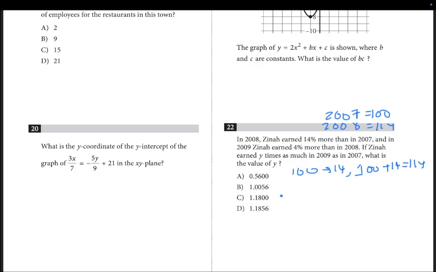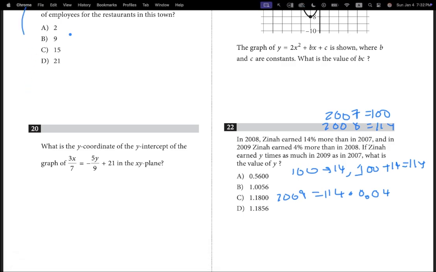So all we have to do for 2009 is say 2009 is equal to 114 times the decimal of 4%, which is 0.04. Let me pull up my calculator. 114 times 0.04 is 4.56.